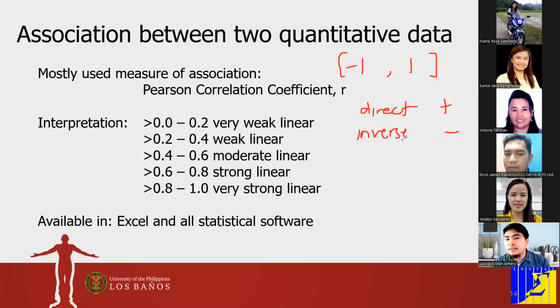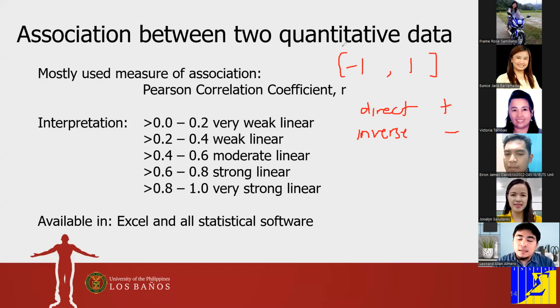Ano po ibig sabihin ng direct? When we say direct, so when one variable increases, the other variable also increases. Inverse naman, when one variable increases, the other variable decreases. Or the other way around. If one variable decreases, one variable increases. Mamaya po may example tayo dito sa Pearson correlation coefficient.